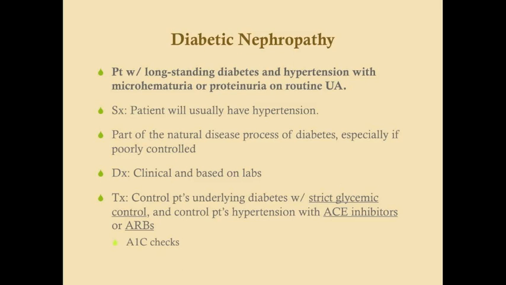These patients will usually have hypertension in the question stem, and diabetic nephropathy is simply part of the natural disease process of the diabetes, especially if it's poorly controlled. So diagnosing diabetic nephropathy is pretty easy, and it's kind of a diagnosis of exclusion. What we're going to see in the question stem is a patient that has diabetes that got a urinalysis, and they have 2+ red blood cells in their urine and 2+ protein in their urine.